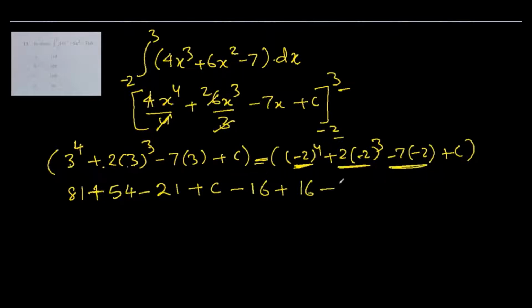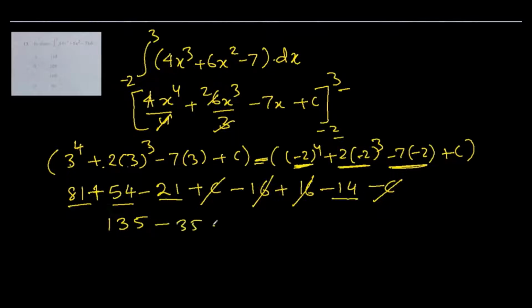Positive 14 but negative will make it minus 14 and minus C. So 16 and 16 are same, they will cancel out. C and C are same, they will cancel out. So now 81 plus 54 is 135 minus 21 minus 14 is minus 35. Answer is 100. That means our assumption was correct because C is 100.